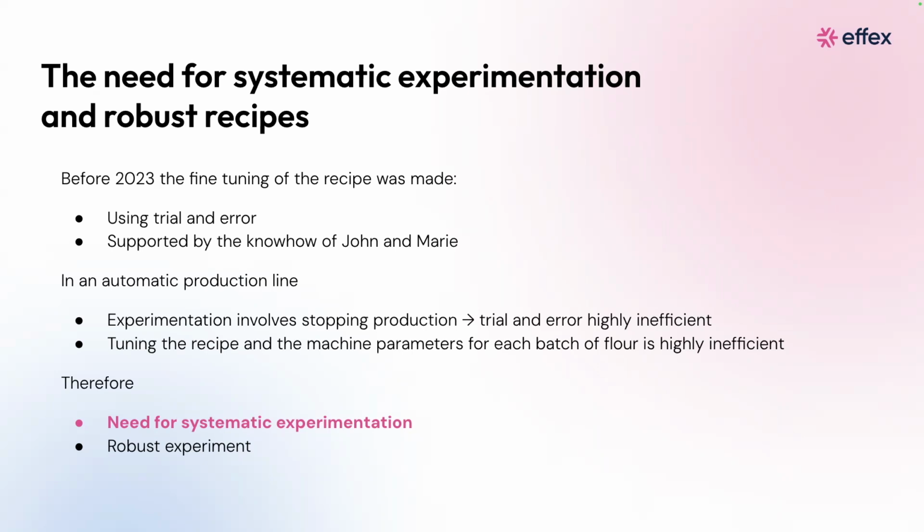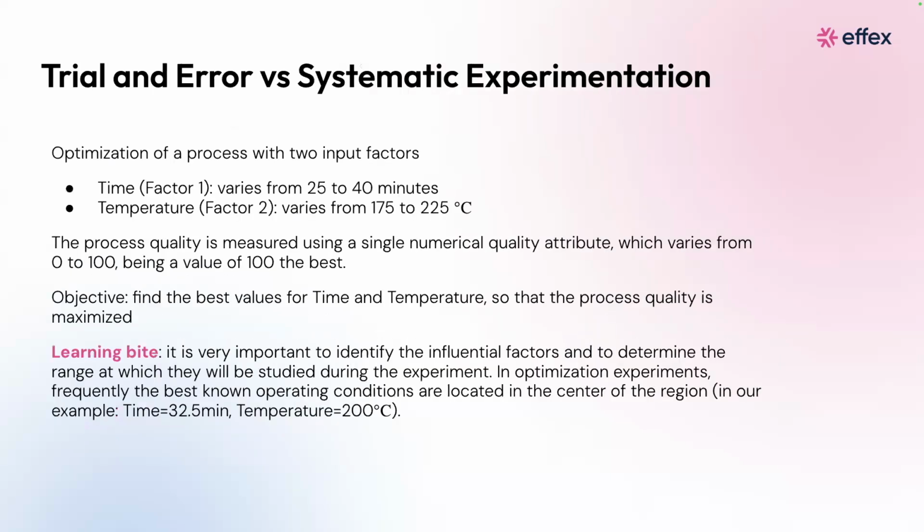And in that setting, trial and error can be highly inefficient. Plus, they cannot tune the recipe and the machine parameters for each batch of flour that will arrive at the factory. So they need systematic experimentation, and they need to have a more robust process so that they can cope with the variability of the flour and assure that the end product, so the muffins, will always have the best quality.